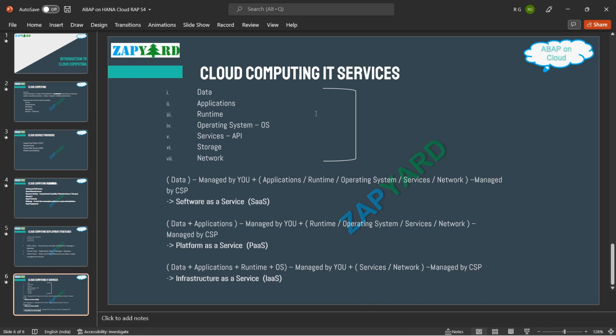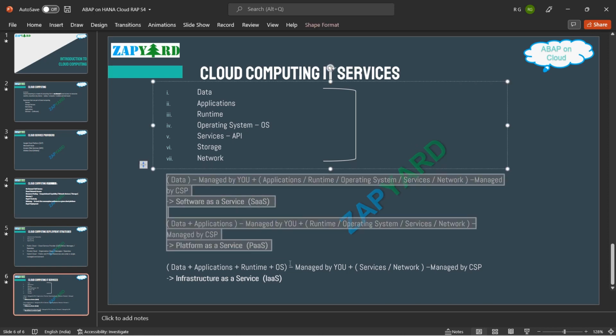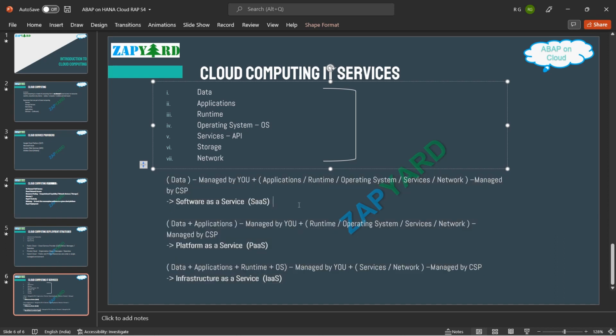The rest of the three, the new IT service configurations or cloud computing IT service categories, are as listed. Also, let's try to provide some examples. Software as a service can be like Gmail or Salesforce. Why? Most of you might have used Gmail, and you see that only the data transferred between you and the other party, whether sender or receiver, is managed by you.